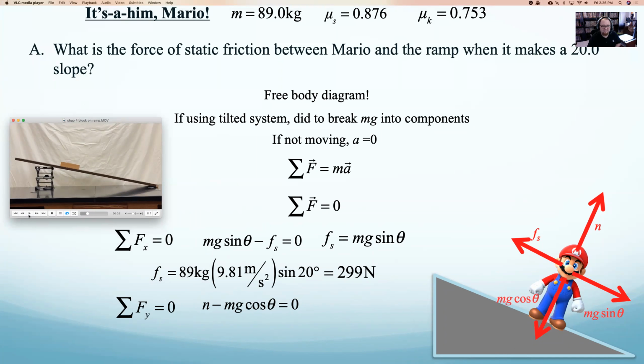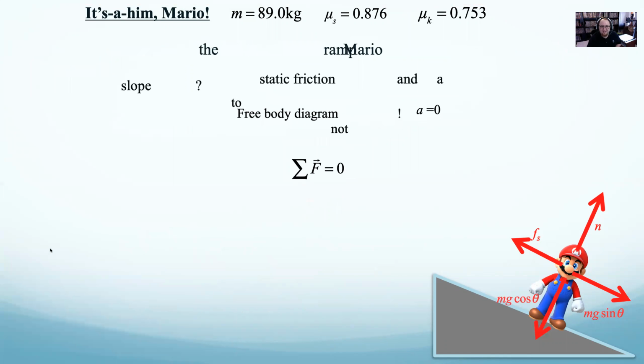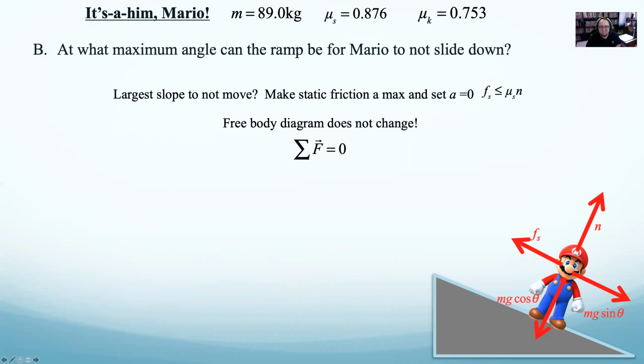Part B asks, at what angle do I raise the ramp so that he starts sliding down? What is that angle? For part B, my free body diagram doesn't actually change. It's still all the same forces. We're just finding the moment he begins to slide, and that will be when static friction is a maximum.